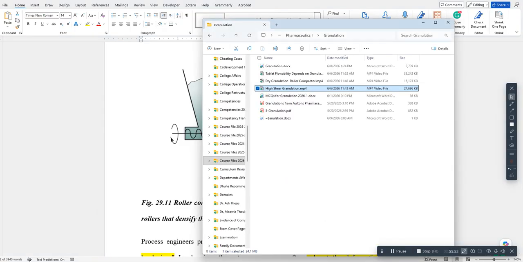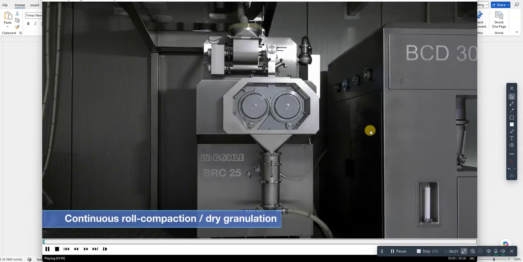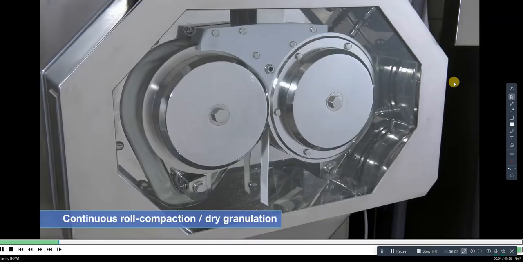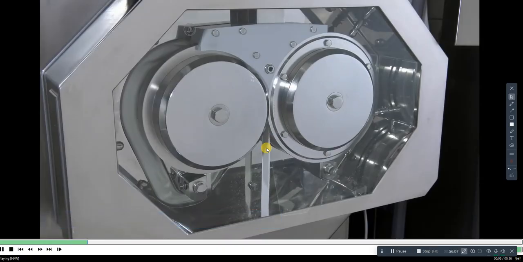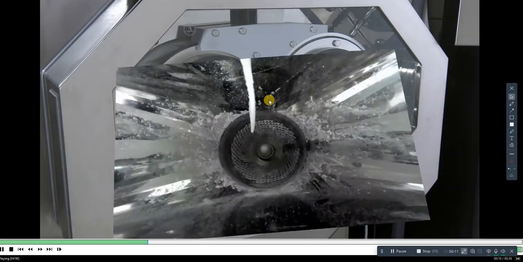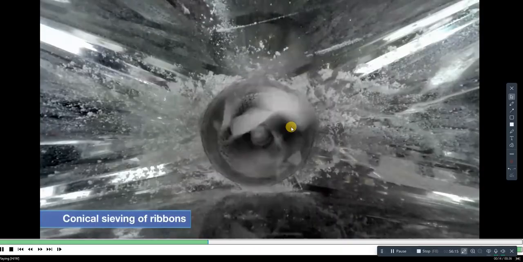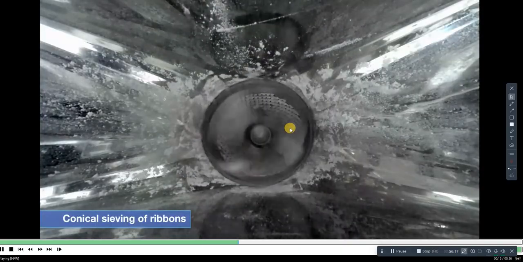Let's look at the roller compaction. We already saw it, but let's look at it again in an individual video here. You will see the ribbon is produced. This is the ribbon. So it goes to a mill to produce what?